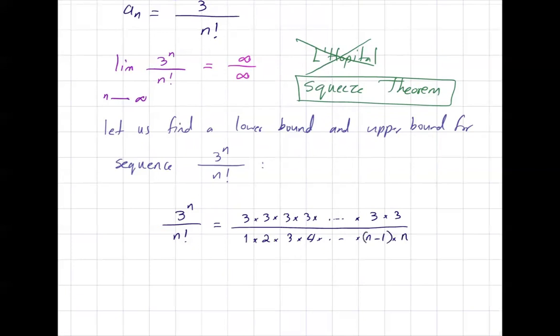Very good. If you rewrite this, you have 3 over 1 times 3 over 2 times 3 over 3 times dot dot dot times 3 over n minus 1 times 3 over n.